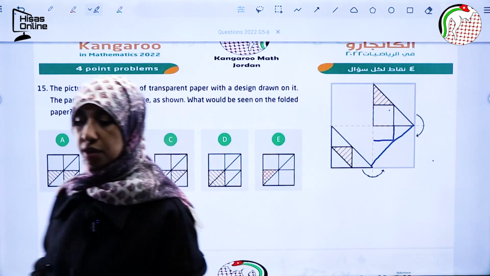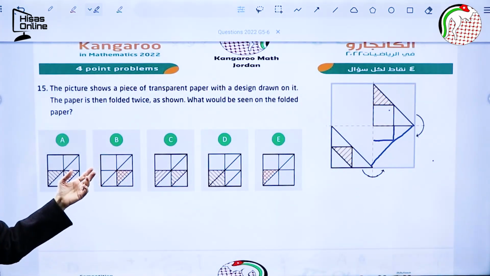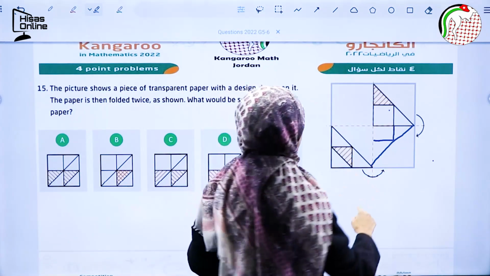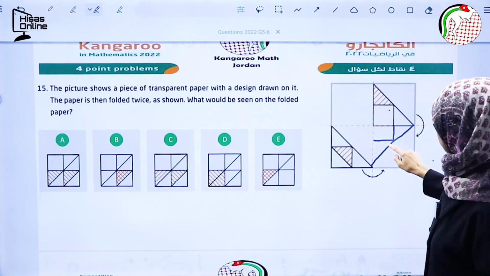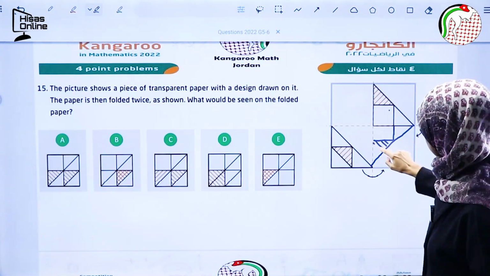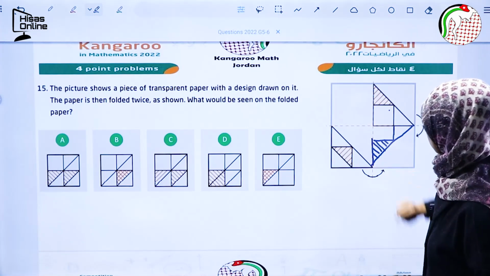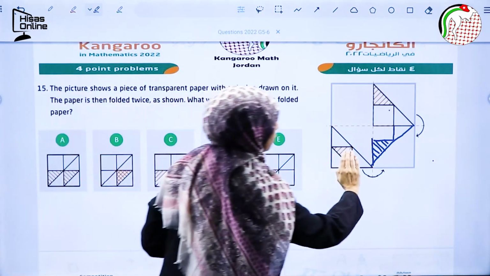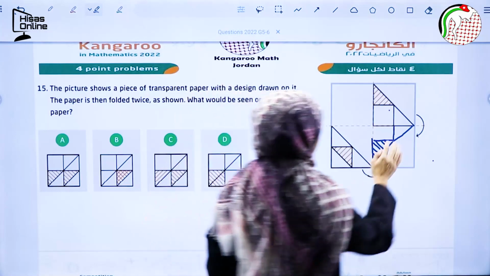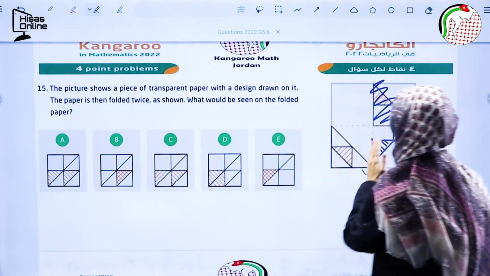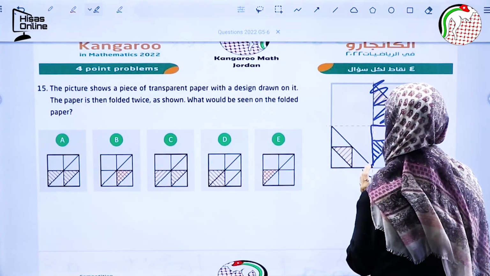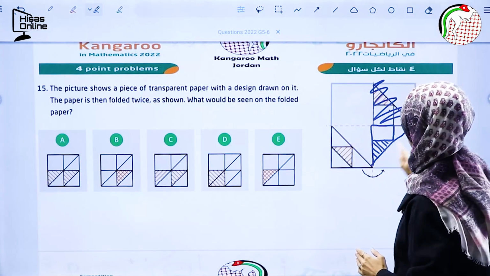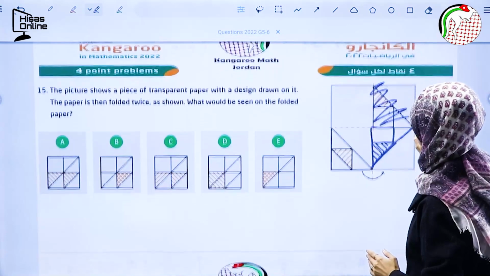Now what will be the direction of the lines when you flip this one here? It will be this. Now we need to fold it on the other side like this. Imagine now we can see only this shape here, and we need to fold this on the other side. So this line will be here.